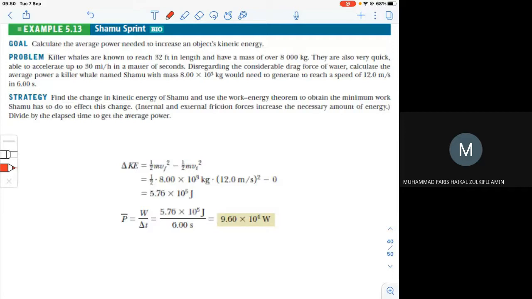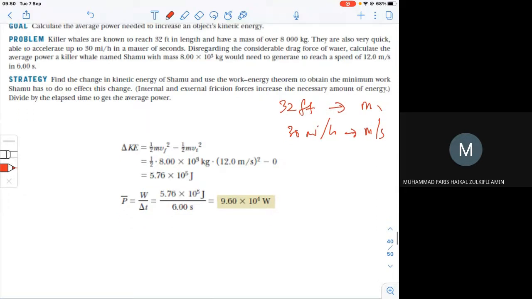So when you have 32 feet and 30 miles per hour, you need to convert them to the correct SI unit. For example, this one should be in meters per second, and this one you need to measure in length. So you just fast forward, and you can get the work done equivalent to 9.6 times 10 to the power of 4 watts.